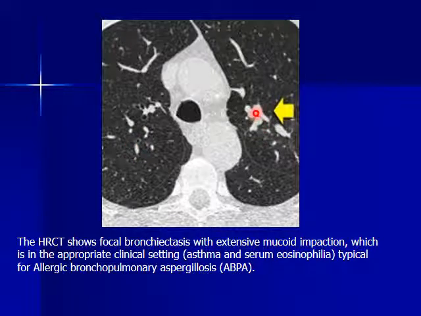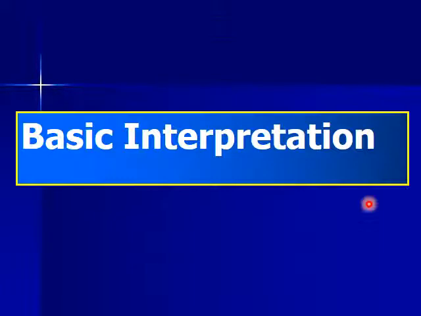If you see two bright rounded structures beside each other and you don't see air-filled bronchus, this means that this bronchus is filled with fluid or mucus or blood, and this is used to diagnose patients with allergic bronchopulmonary aspergillosis. The lumina are filled with mucus and there is mild central bronchiectasis.